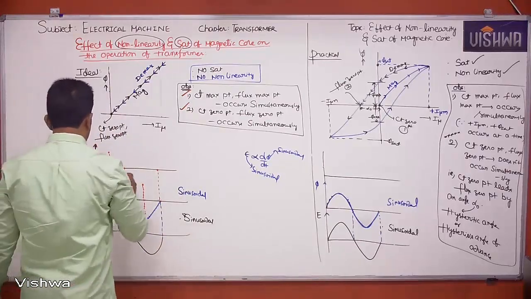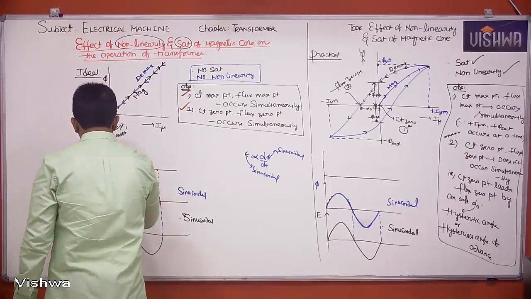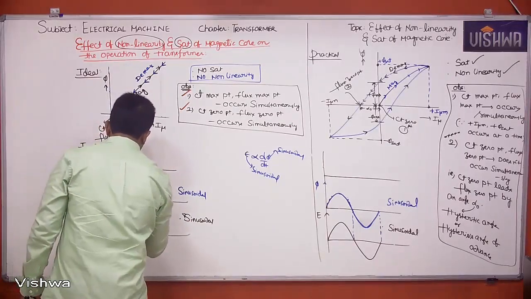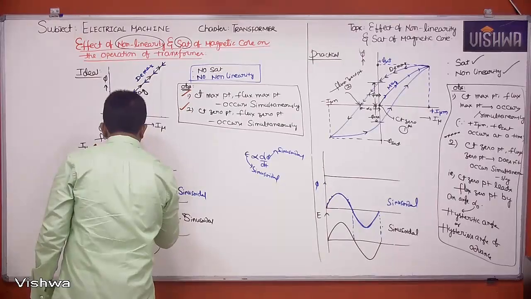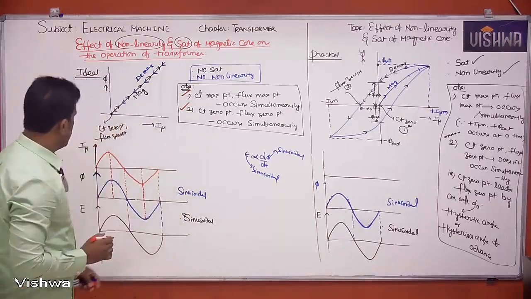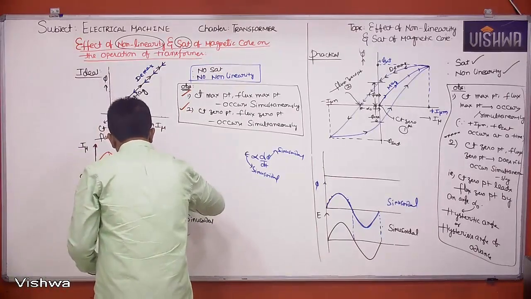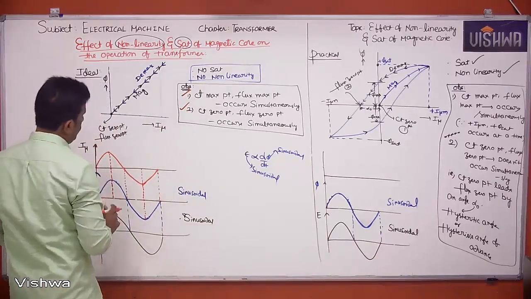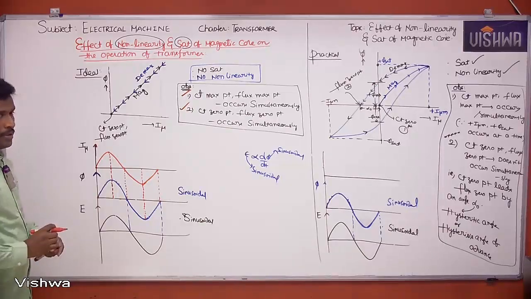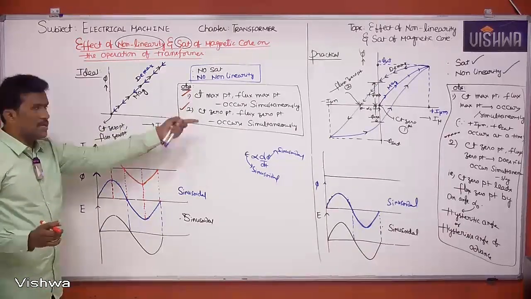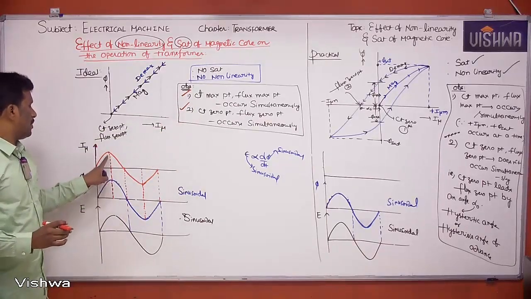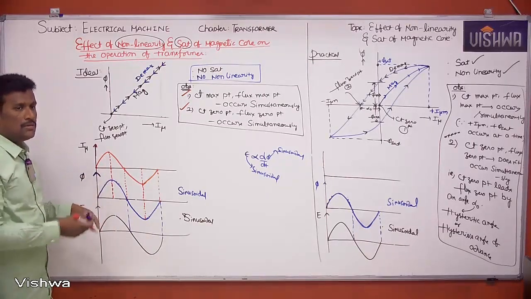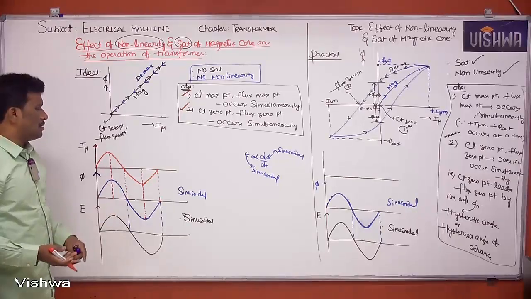Now observe clearly what shape of I mu waveform you are getting here. Obviously sinusoidal. Please try to draw a sinusoidal waveform. If you see these points, you can understand. Flux maximum point and current maximum occur simultaneously; flux zero point and current zero point occur simultaneously. That means the shape of your I mu should also be sinusoidal.